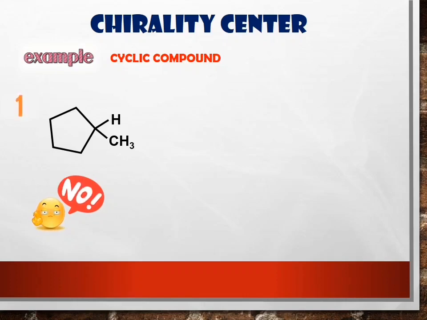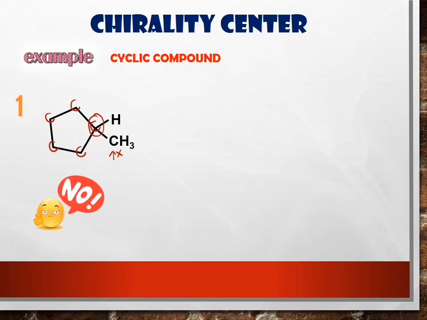Look here. A chiral carbon must consist of 4 different groups of atoms. So how about this carbon? Does it consist of 4 different groups of atoms? No, because this carbon consists of 3 hydrogen atoms. Another carbon that we have is this carbon, this carbon, this carbon, this carbon, and this carbon. So look at this carbon first. Does this carbon consist of 4 different groups of atoms?